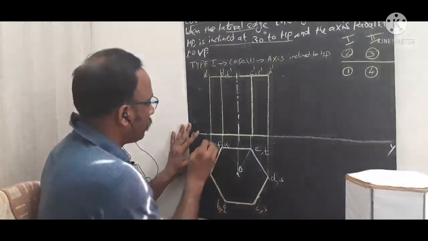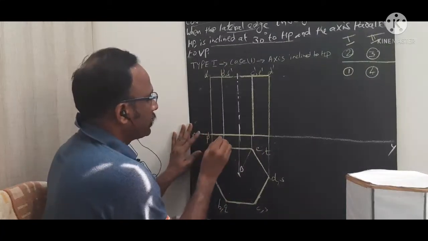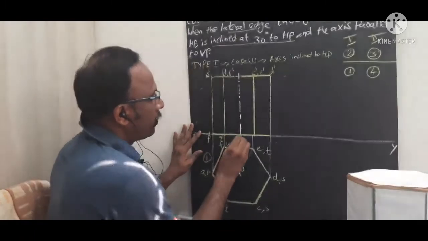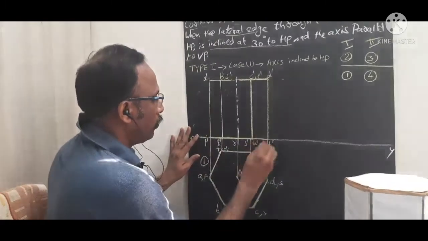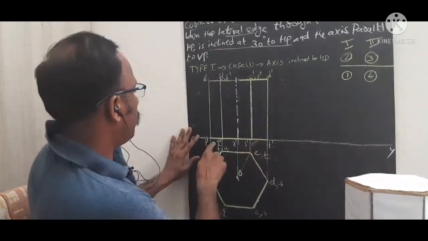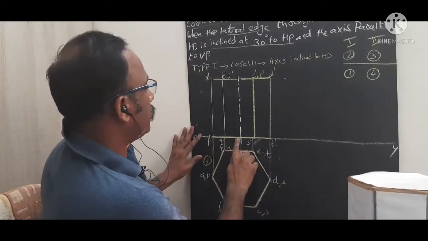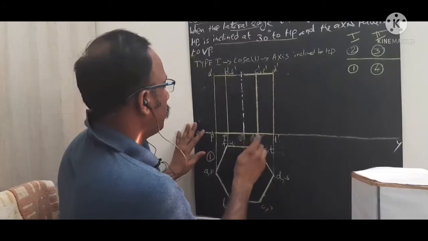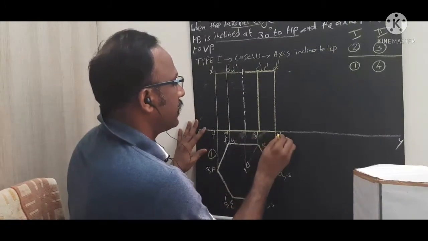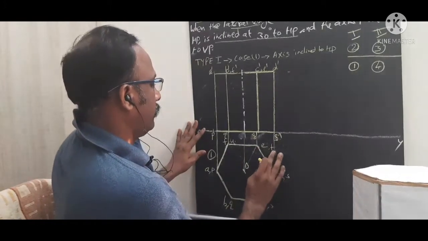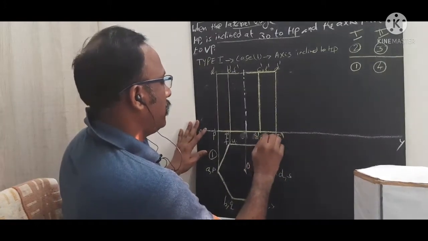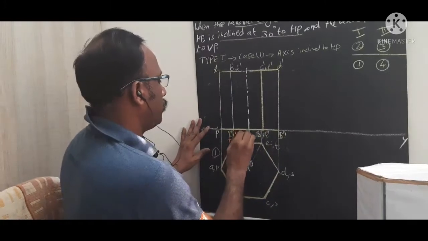Similarly, the bottom corner points are a dash, b dash, c dash, d dash, e dash and f dash.